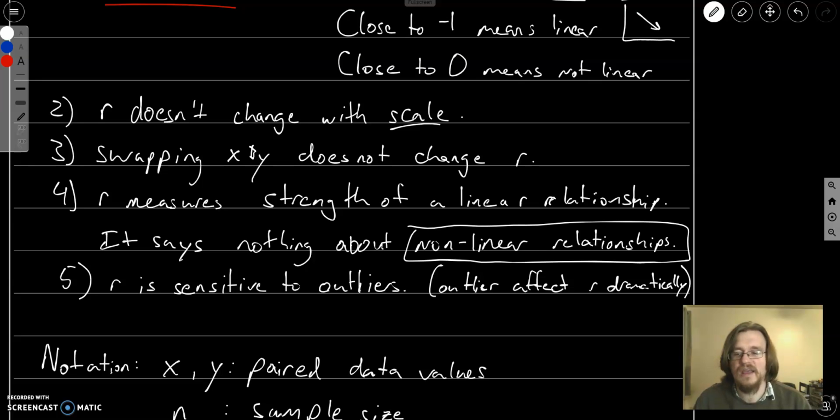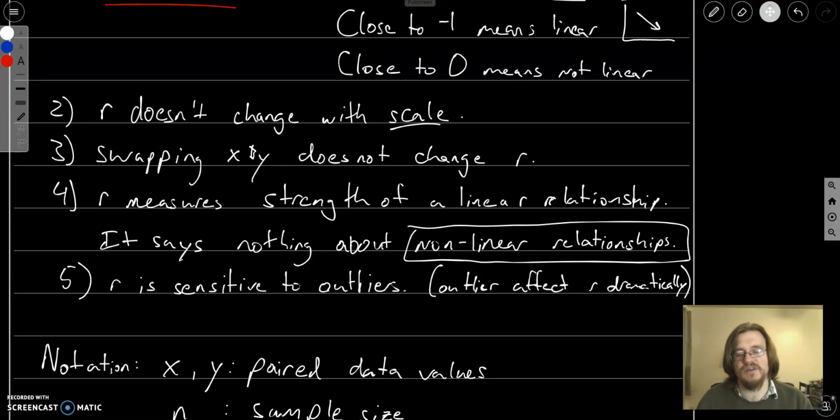And the last thing is that R is very, very sensitive to outliers. The presence of an outlier can make some linear data look very nonlinear. The presence of an outlier can make nonlinear data look linear. So R will change a lot depending on if there are outliers.